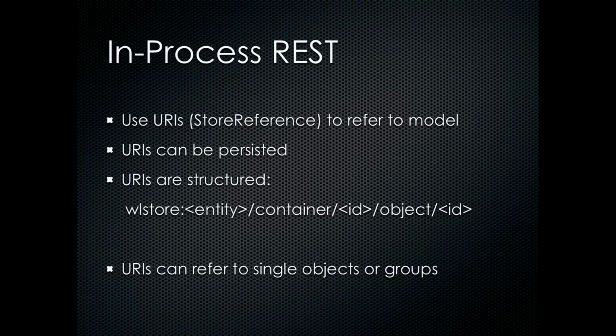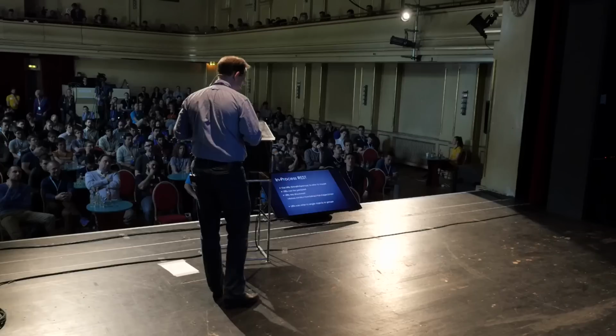And so you can have a URI that refers to a whole set of tasks or to a single task. And you can also do comparisons. For example, you can say, I have one URI here, and I have another URI here, and is the object that the second URI refers to in that list of the first one? And all without actually looking at the object.